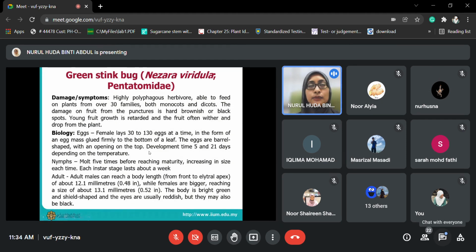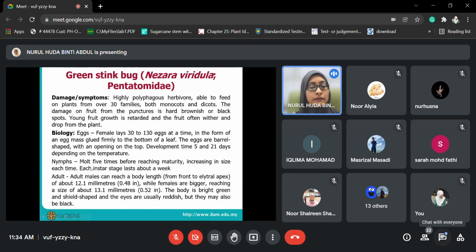Maksudnya dia glue part bawah base dekat daun, and then nanti dia punya anak nymphs akan emerge, akan hatch from the eggs dekat bahagian atas, which is dia seolah-olah macam opening. Dia macam kamu imagine barrel ataupun basin yang ada penutup, and then penutup tu akan terbuka and then come out the nymph from the inside of the eggs lah.